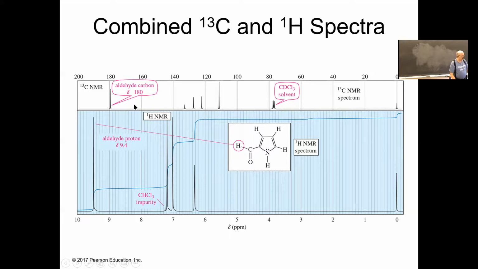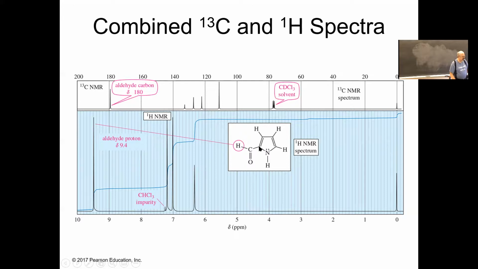The aldehyde carbon is the one that's most downfield, about 180. And then the other 4 carbons are represented by these peaks. The smallest one here, we can predict that's the one that doesn't have any hydrogens on it.